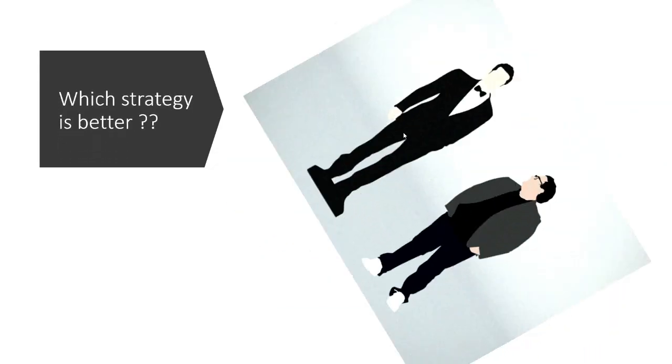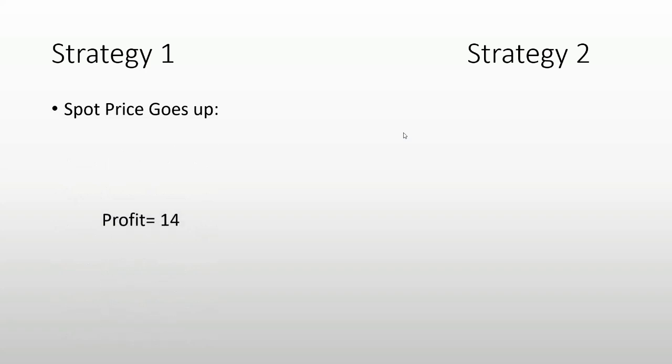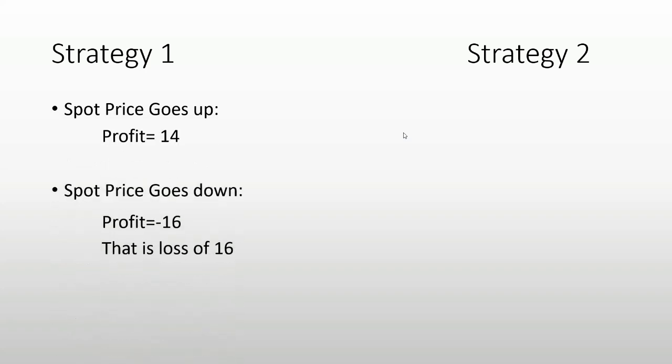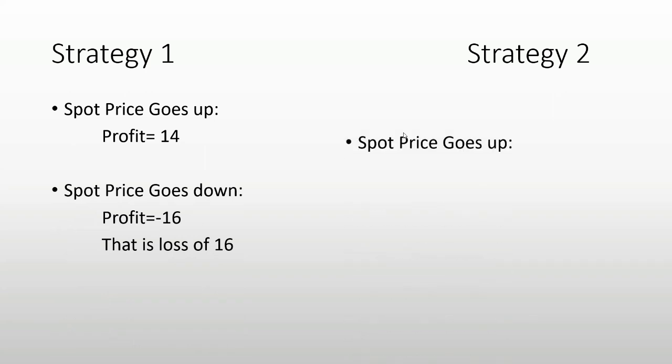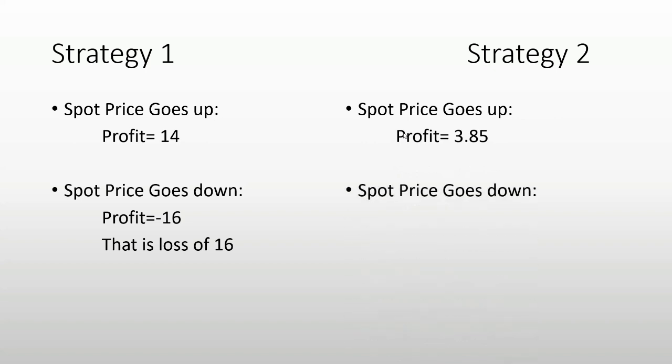So which strategy is better, strategy 1 or strategy 2? Let's see. Strategy 1: price goes up, profit 14, and price goes down, loss of 16. Strategy 2: price goes up, profit 3.85, but when price goes down, we made a loss of 1.15.